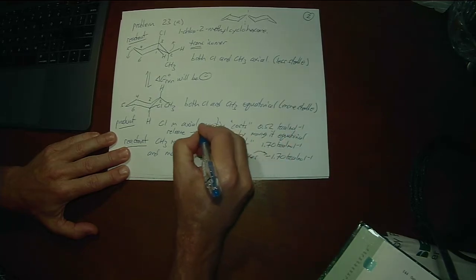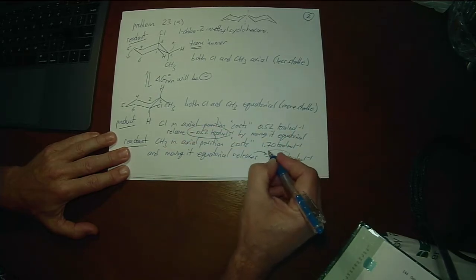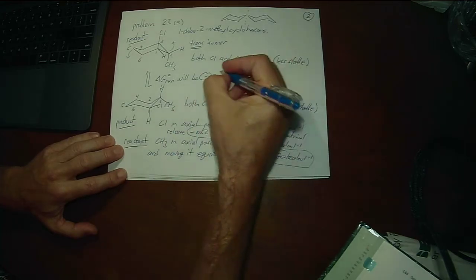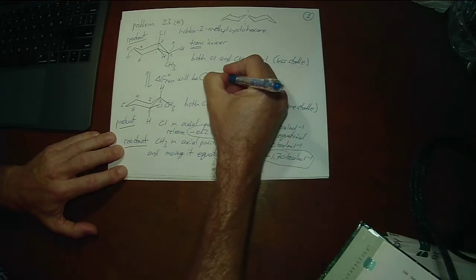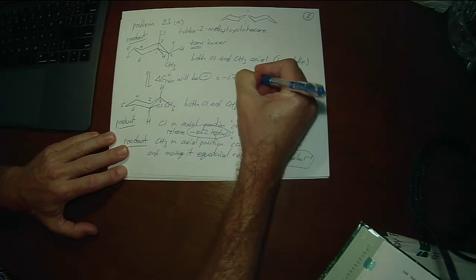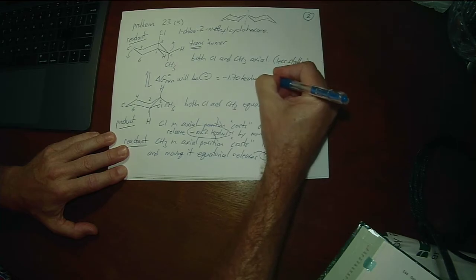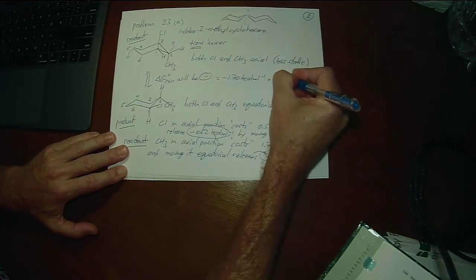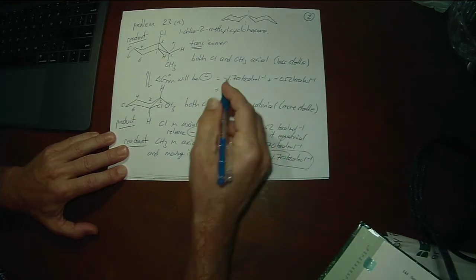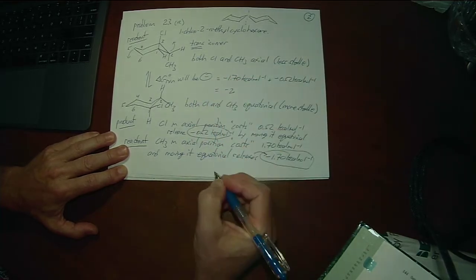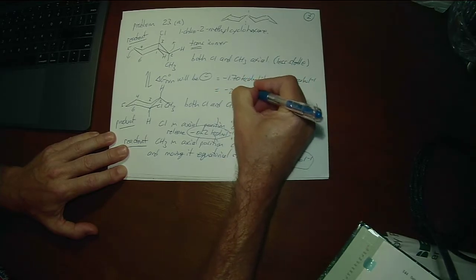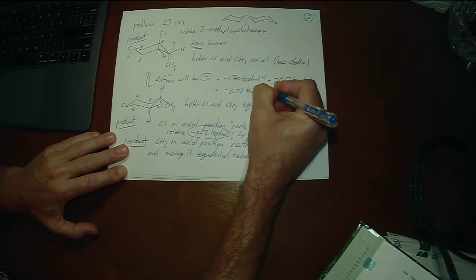If we add together the energy we're releasing by moving the methyl group and the energy we're releasing by moving the chlorine, we're going to get negative 2.22 kilocalories per mole.